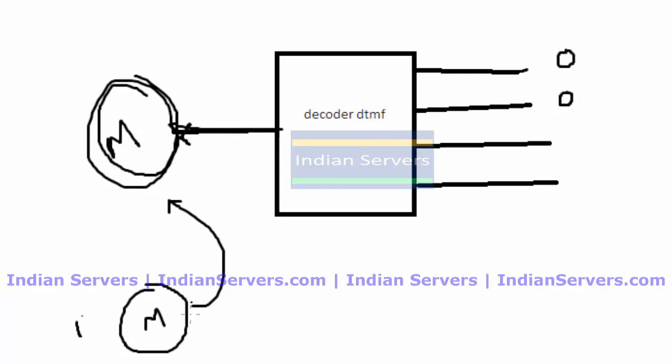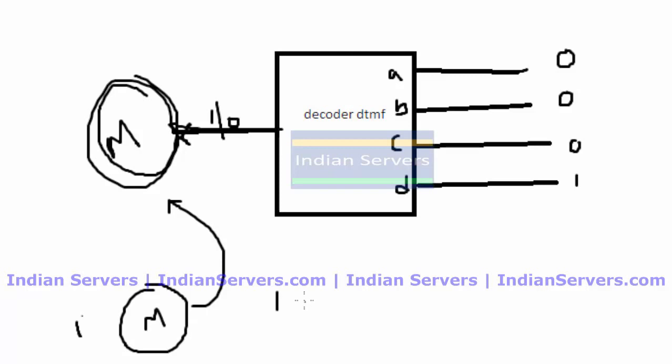Say for example, if I press 1 from this mobile, I will get 0001. Assume that these outputs are A, B, C, D and this is my input.